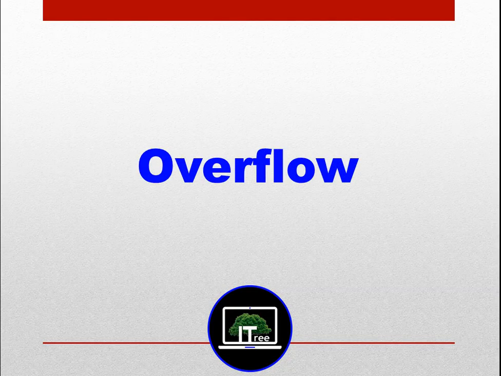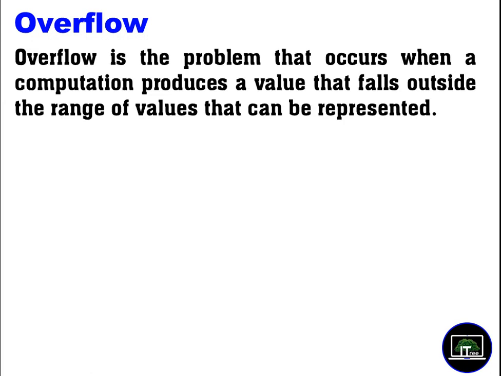Overflow. What is overflow? Generally, overflow is the problem that occurs when a computation produces a value that falls outside the range of the values that can be represented. We have looked at in the previous slides how many numbers can be represented in different number methods. If you use a different set of bits, you can see the ranges. If we are doing some calculations and the calculation gets a value which can't be represented within that range, then overflow occurs.